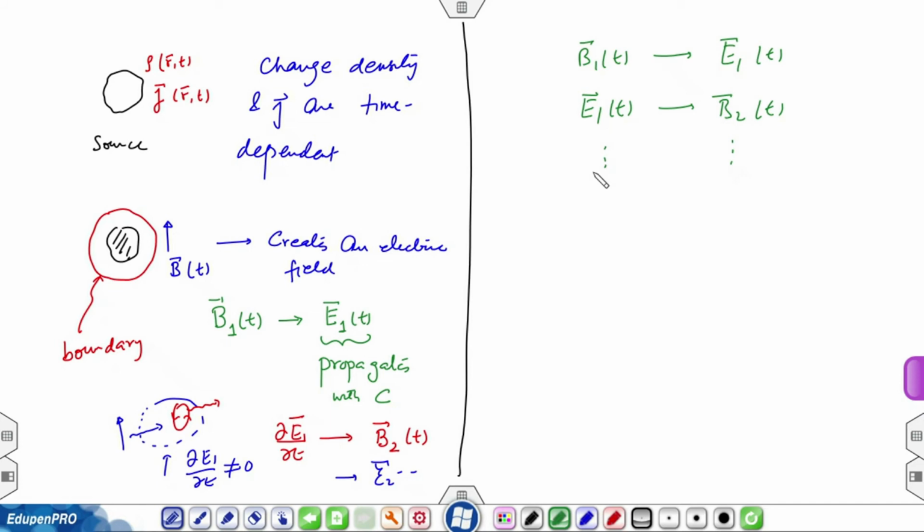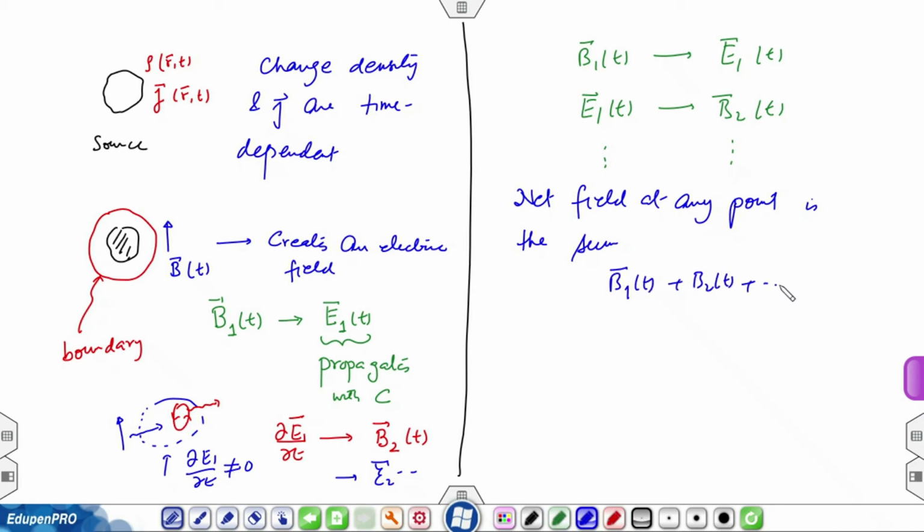Net field at any point is the sum B1(t) plus B2(t) plus so on, whatever it comes from the boundary condition, and similarly the E field would be E1(t) plus E2(t) plus so on.